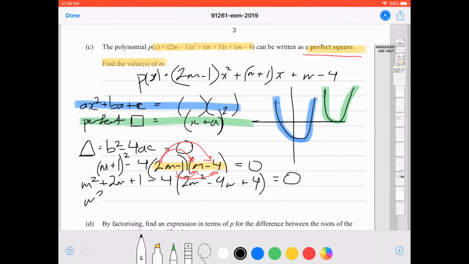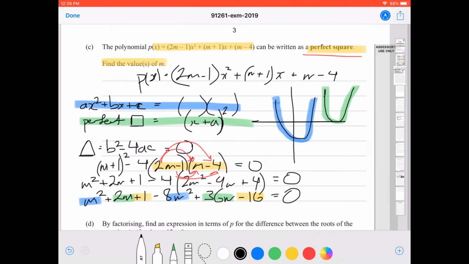So it's m squared plus 2m plus 1 minus 8m squared plus 36m minus 16 and equals 0. We can collect like terms, so we've got terms with m squared, terms with m, and just our integer terms.